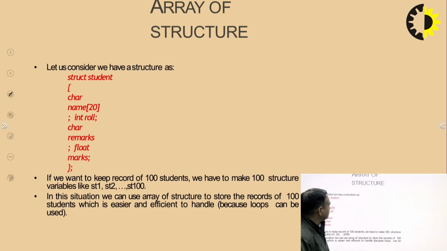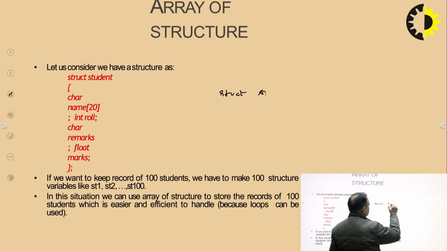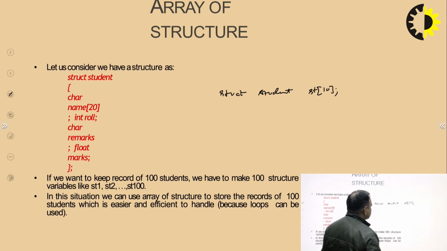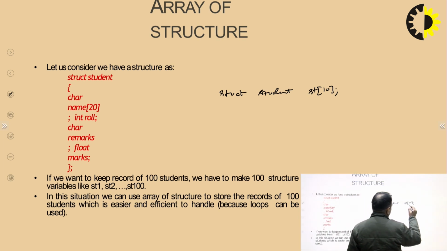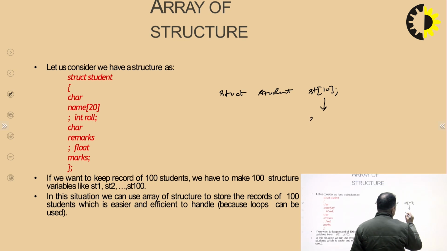Array of structures. Let us consider we have a structure, struct student. Array of structures means struct student st[10], which means there are 10 structure variables to be declared, and all the 10 structure variables are collected in an array.